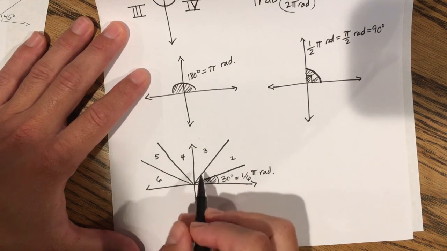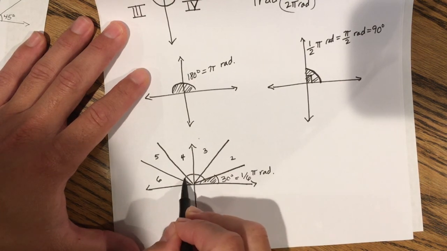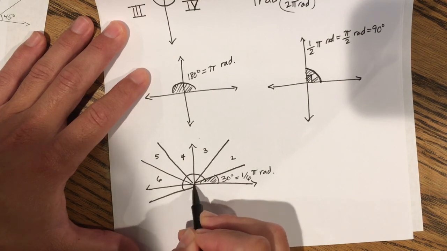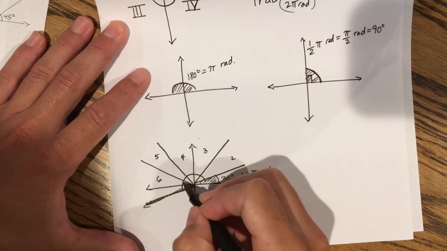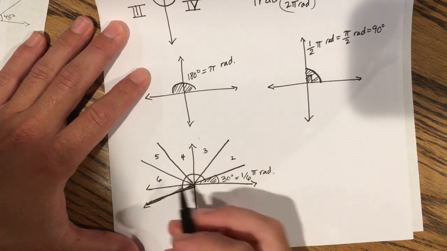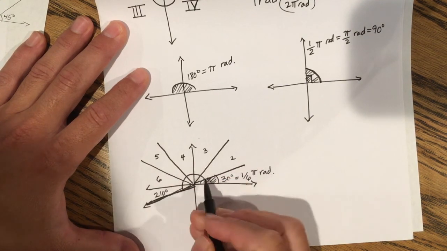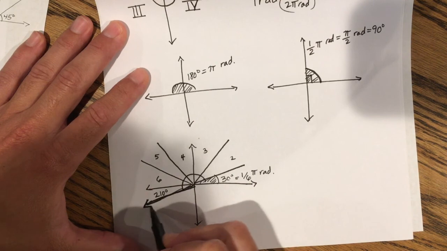I was thinking also, what if they asked you a question like this angle right here? You might say, well, what is this angle? It would be 210 degrees. And you'd ask how many pi radians that is.